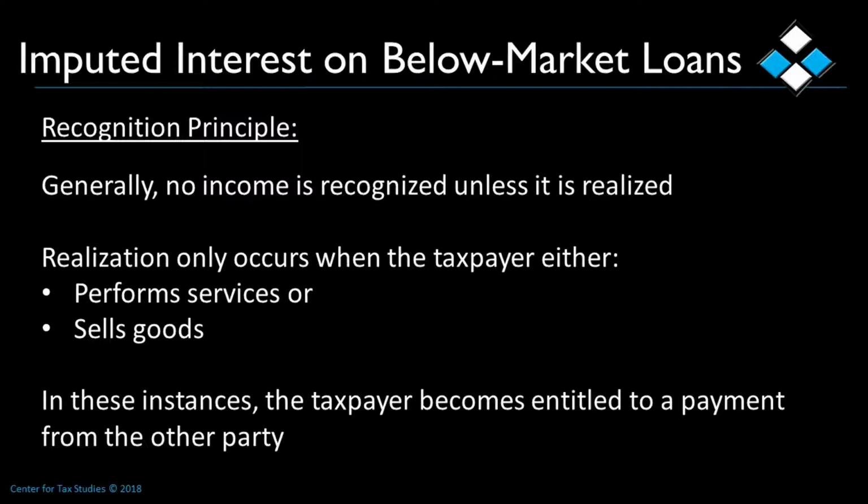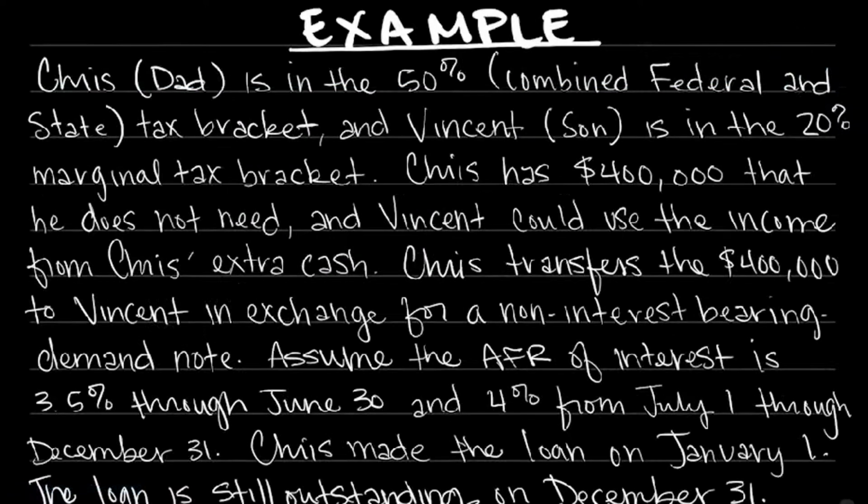Well, this was the rule prior to 1984, where interest-free loans were used to shift income between taxpayers, and this is typically done between parents and children. So let's go over an example. Chris, who is dad, is in the 50% combined federal and state tax bracket, and Vincent, his son, is in the 20% marginal tax bracket. Chris has $400,000 that he does not need, and Vincent could use the income from Chris's extra cash.